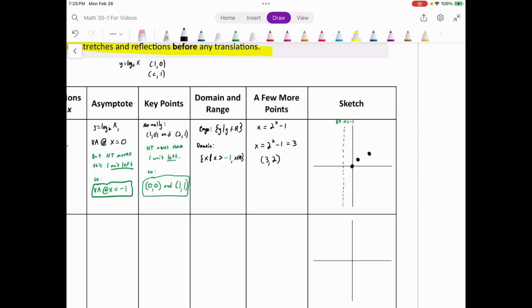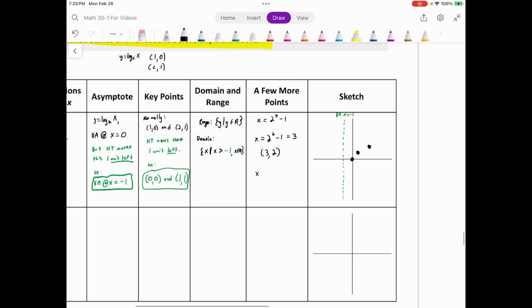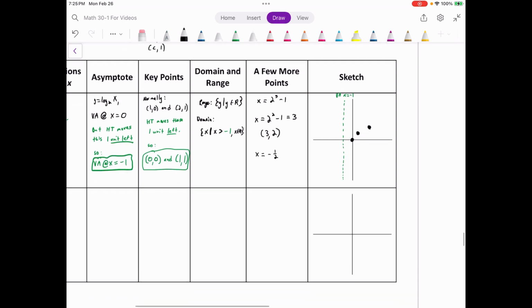I might not do too many more points because you can kind of see the shape that's coming out here. What about when x is, I can't make it -1. How about when x is -1/2? Might seem a little weird, but it's just going to give us an approximate idea of where some stuff is. So when x is, sorry, not when x is -1/2, I got mixed up there. When y is -1, and there I can make y -1.